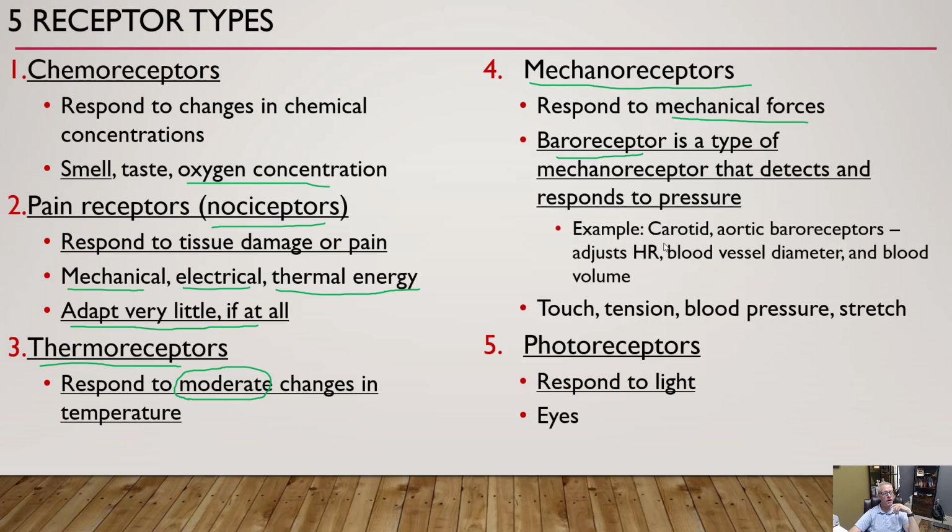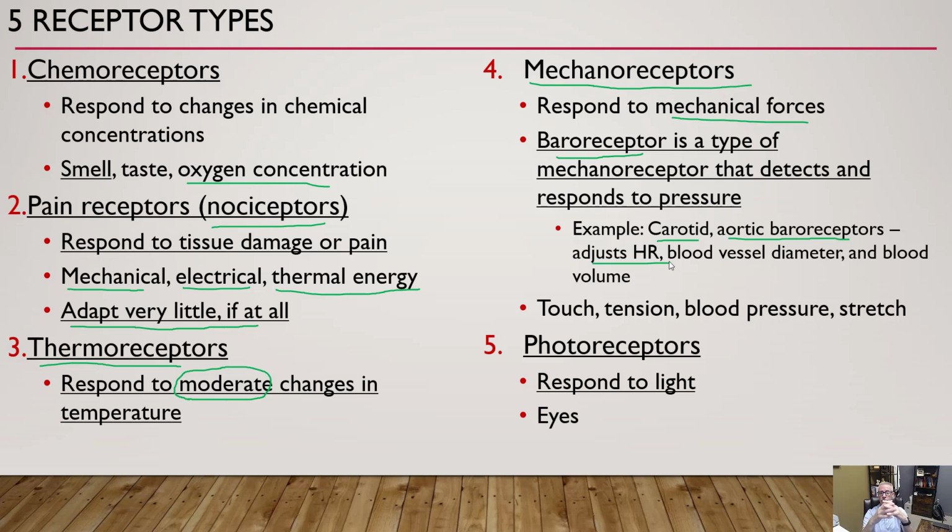So we have carotid baroreceptors. We have aortic baroreceptors in your aorta, in your carotid arteries, in your arterial walls. We have some baroreceptors, and that's going to adjust your heart rate, your blood vessel diameter, your arterial wall diameter, and it's going to adjust your blood volume based on what your blood pressure is doing.